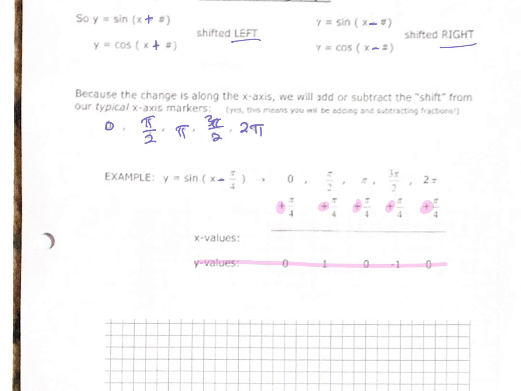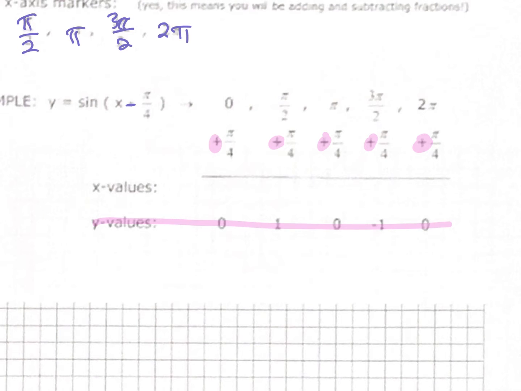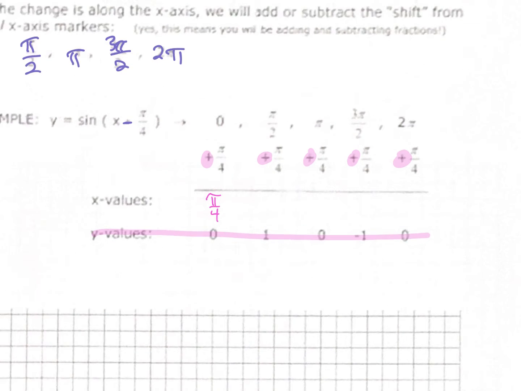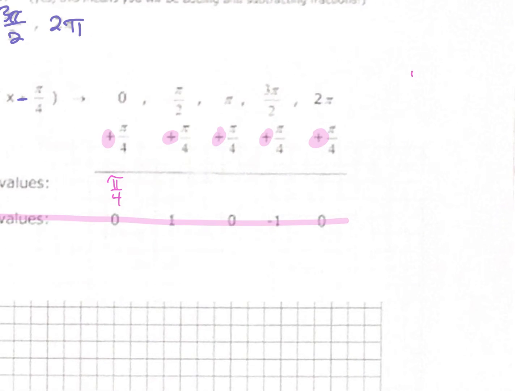We're just adjusting our x's. This involves everybody's favorite thing in the whole wide world. We get to add fractions. So 0 plus pi over 4, we know that's just pi over 4. In some instances, we are going to have to find a common denominator. So pi over 2 plus pi over 4, we've got to find common denominator.